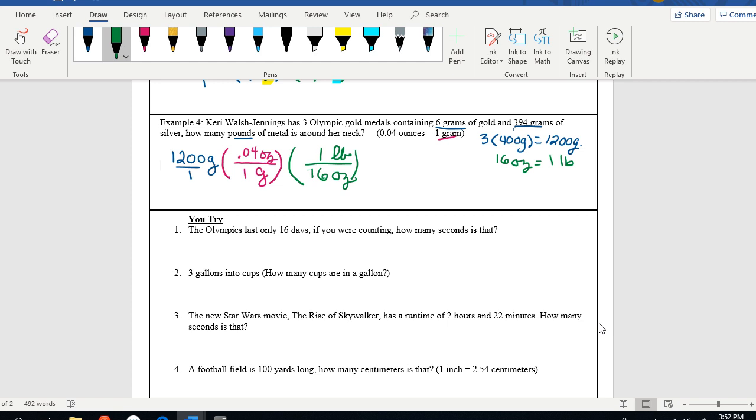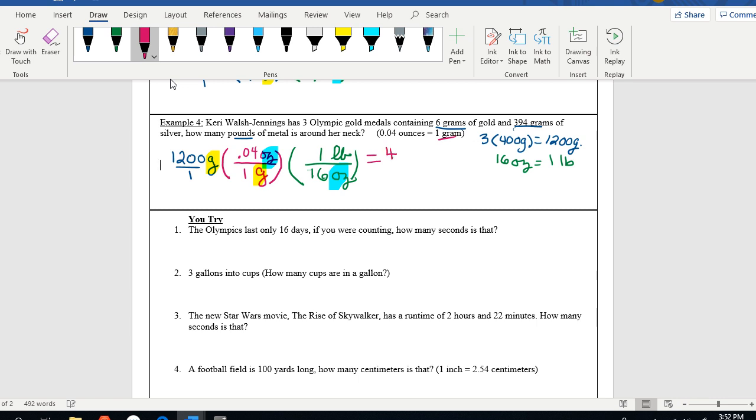All right, so good news is, let's see what cancels. Grams cancel. Ounces and ounces cancel. That's what we want to happen. So now what we have to do is take all of the numbers across the top and multiply. So we're going to have 1,200 times 0.04. And you tell me, do I need to multiply by the 1 or does it matter?